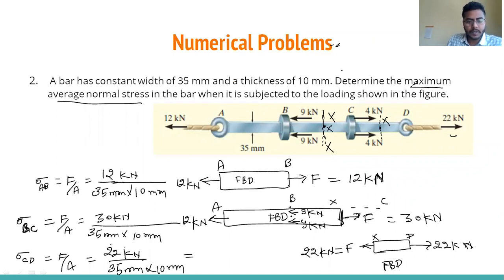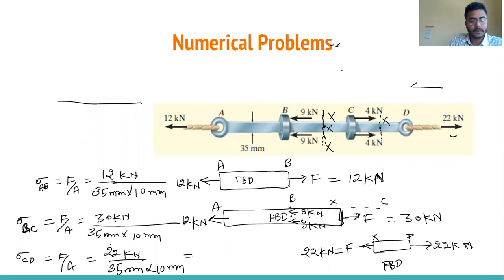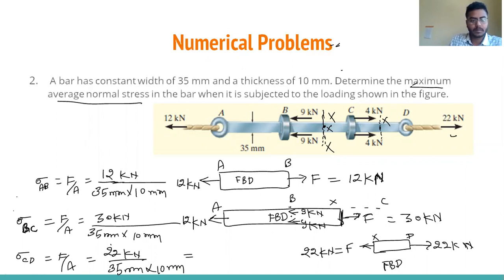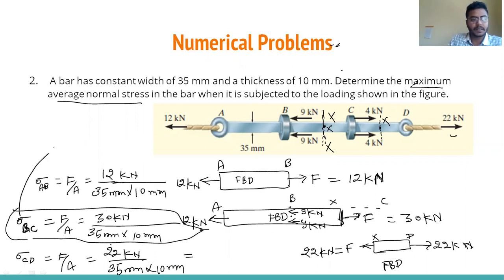See, the denominators are the same in all the cases. So the numerator 30 kilonewton is maximum. So this value will be maximum, and this is the maximum average normal stress.